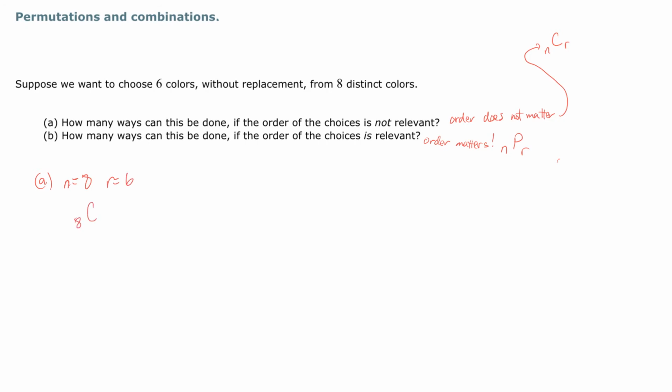So 8 choose 6. Now, if you need to, you could certainly write the formula down. n choose r is n factorial over (n minus r) factorial, and we divide out all the double counts, or the other counts of the orderings. We've got to take out all the orderings.